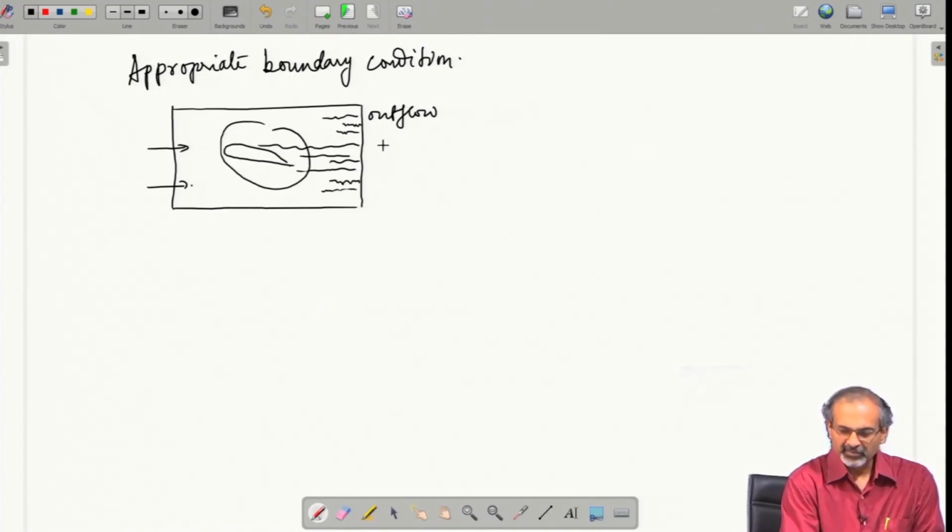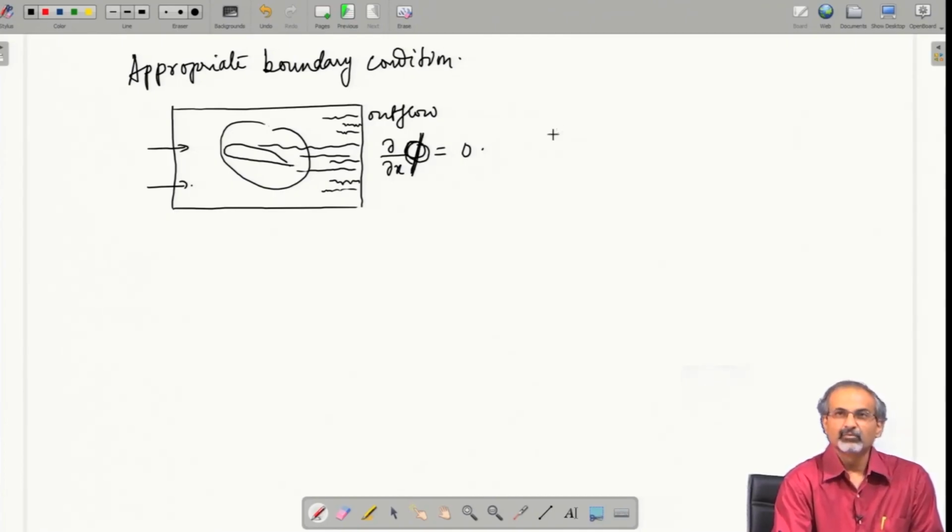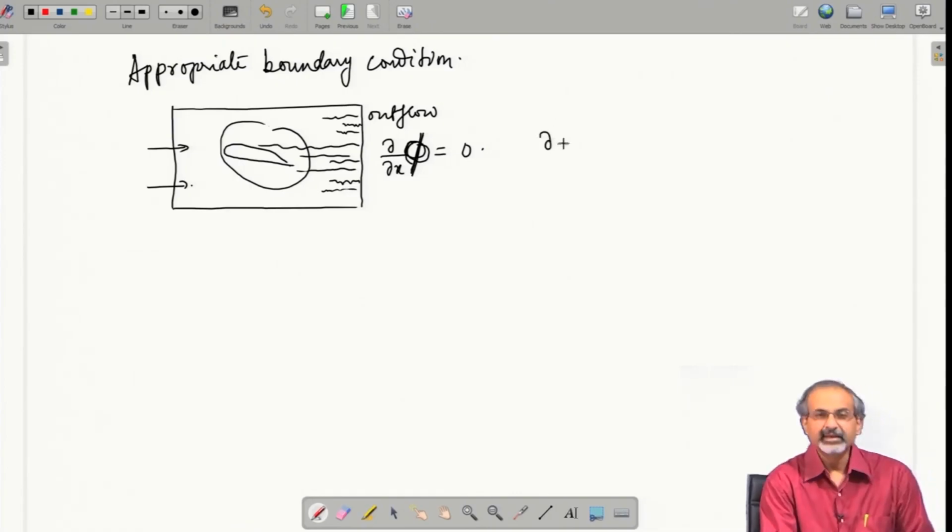So, sometimes we tend to set the Neumann boundary condition, that the gradient of the dependent variable is equal to 0, but a still better way of modeling it could be that you try to model a linear advection equation for the variable.